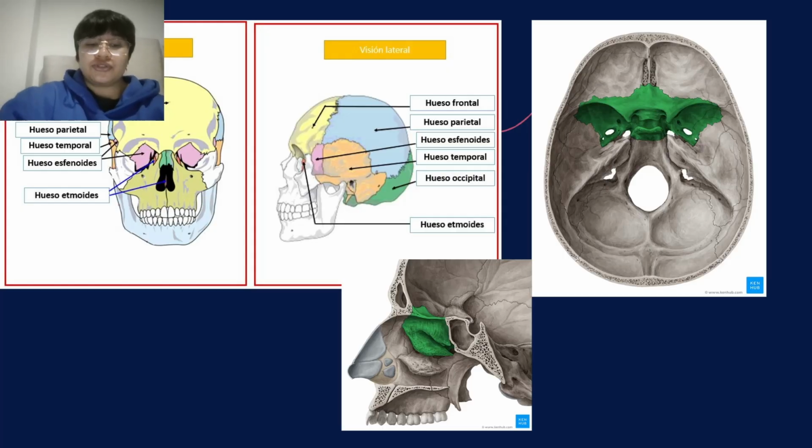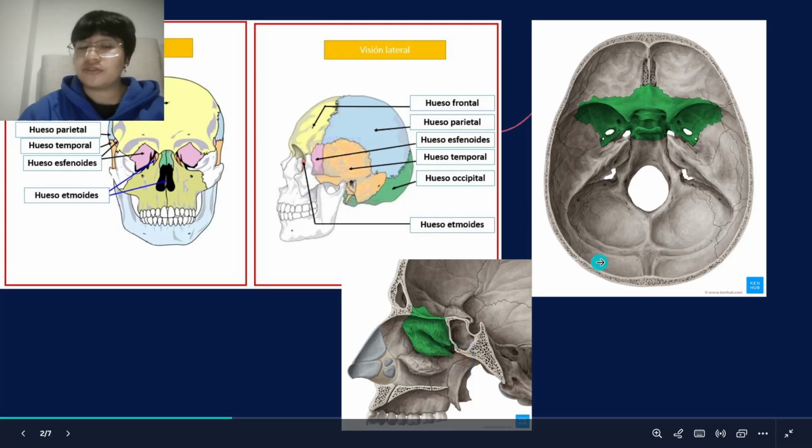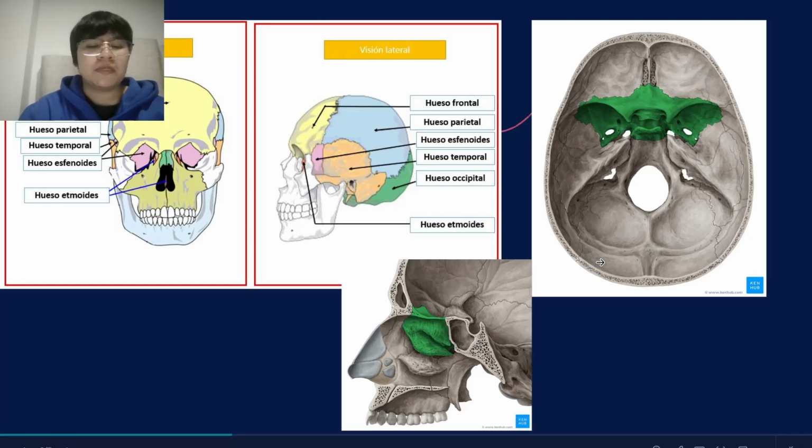There are also deeper bones like the sphenoid and ethmoid, which are important for the base of the skull. All these bones are connected by sutures, which are immovable joints. This makes the skull very strong and stable.